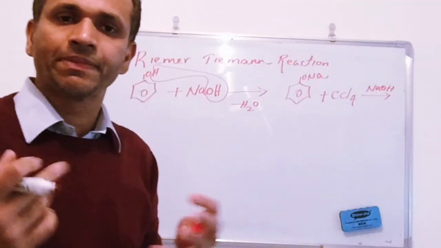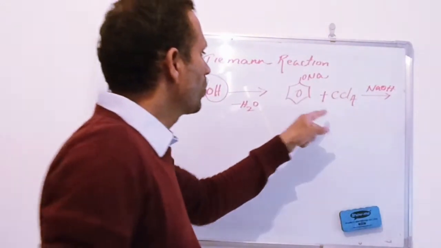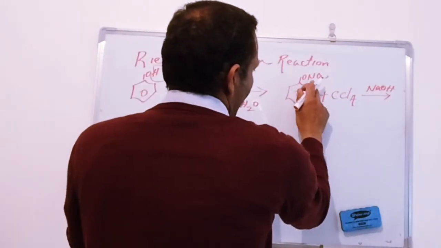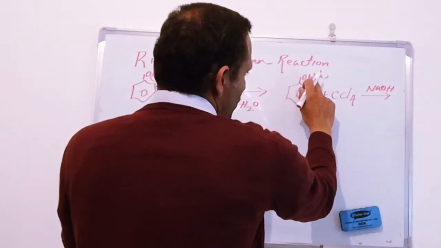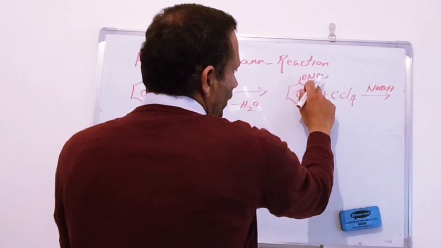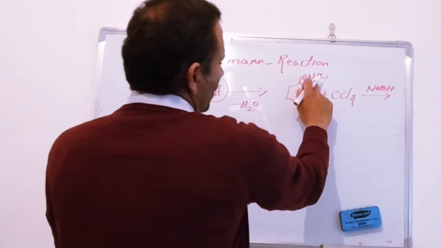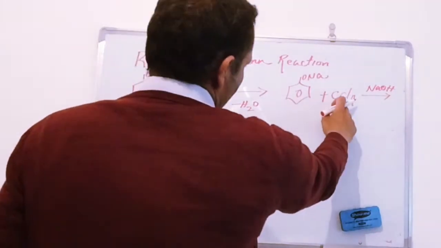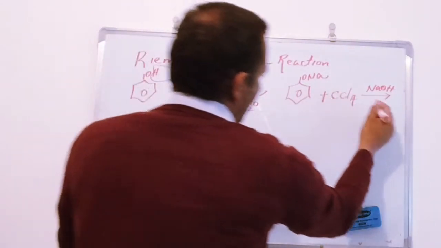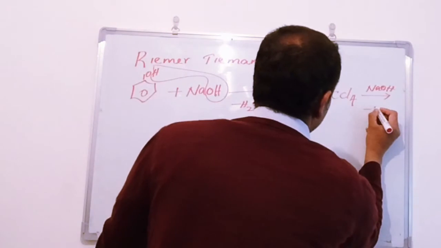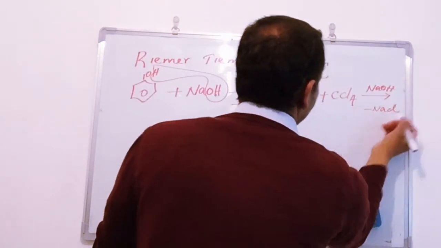Here the sodium combines with one of the chlorine atoms, resulting in the formation of NaCl.